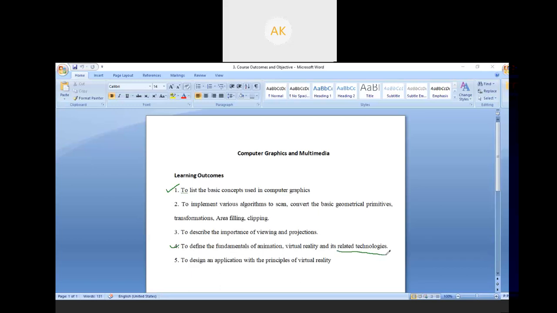There are different technologies related to animation in our syllabus, and after completing the course, you will be able to define or implement them. The last outcome of this course is to design an application with the principles of virtual reality. After completing the course, you will be able to design some virtual realities. Principles of virtual reality means some kind of animation.